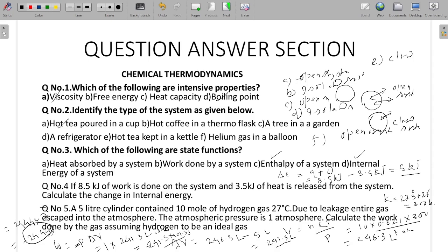You try to practice more and more problems on whatever theory is covered, so that your doubts will be cleared and your fundamental concepts will be strong. Okay, thank you.